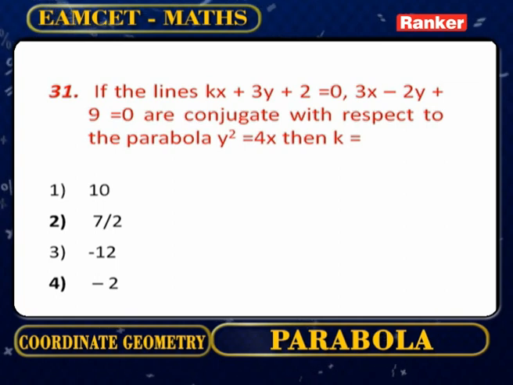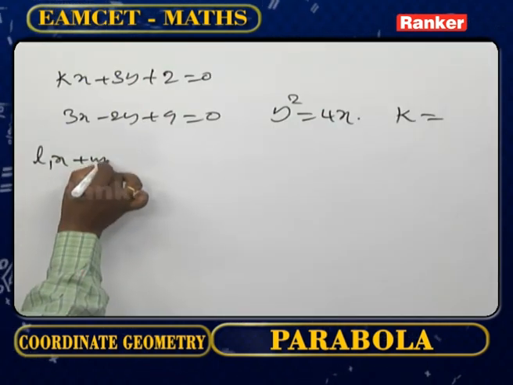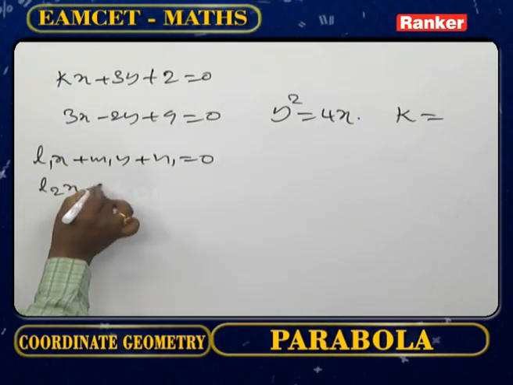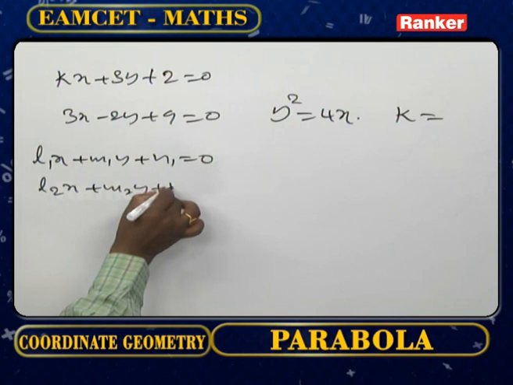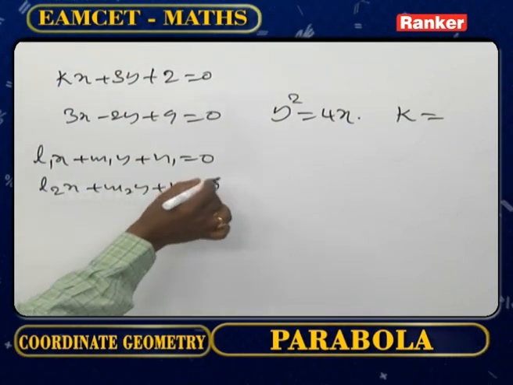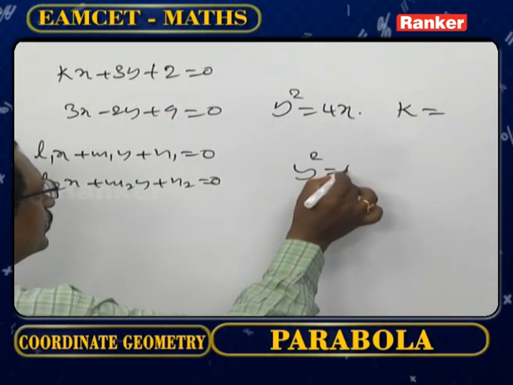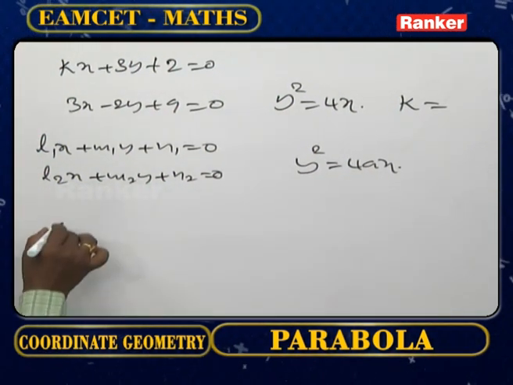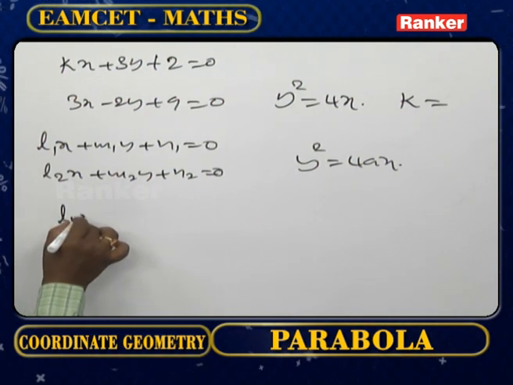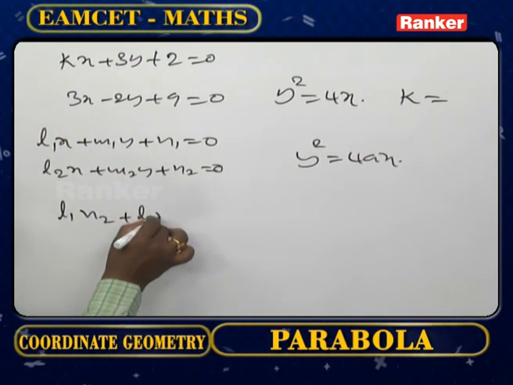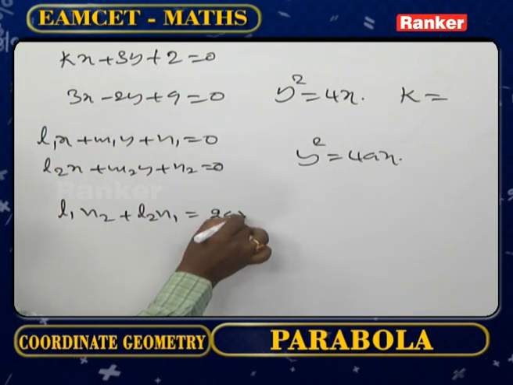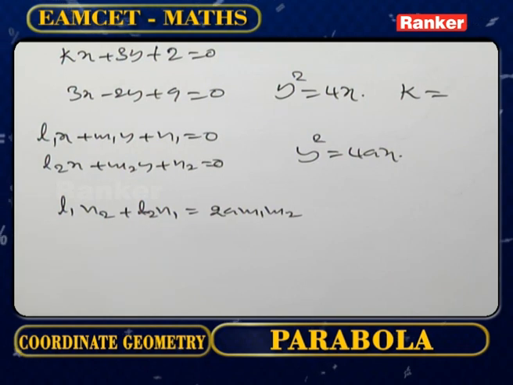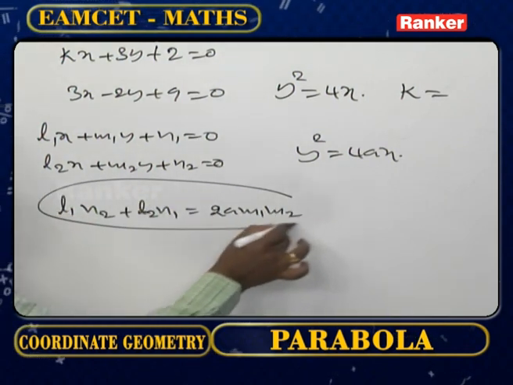Suppose the two lines, the first is L1x plus M1y plus N1 equals 0, the second line L2x plus M2y plus N2 equals 0. Now these two lines are conjugate with respect to the standard parabola y square equals 4ax, then the condition is L1 N2 plus L2 N1 equals 2a M1 M2. L1 N2 plus L2 N1 equals 2a M1 M2 is the condition.